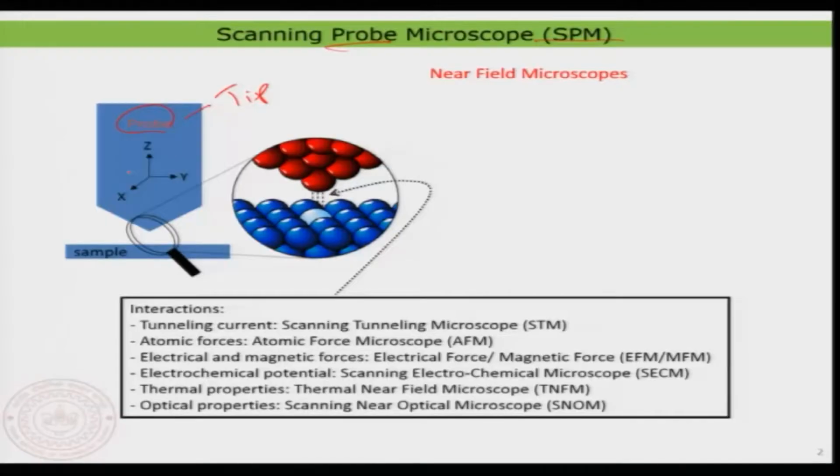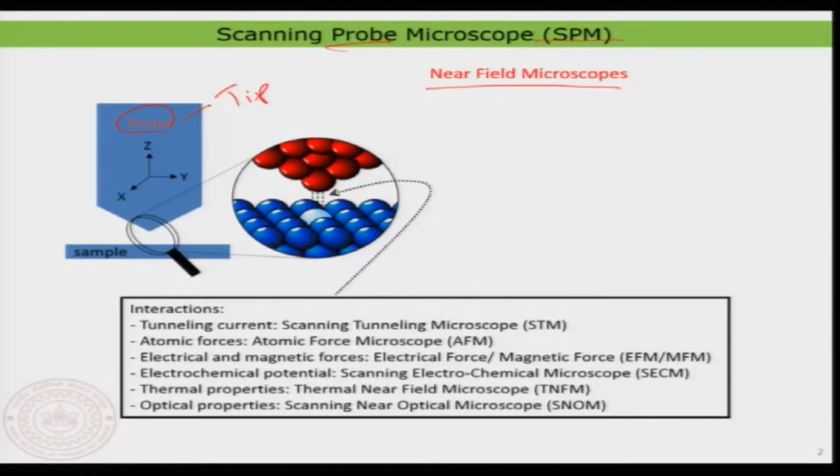But the interesting thing is that, unlike other microscopes like the optical microscope or electron microscope, where you investigate things from a further distance, in this case your probe is in very close proximity to the surface. That means on the order of a few nanometers away from the surface, the tip investigates the topography or the nature of the surface itself.